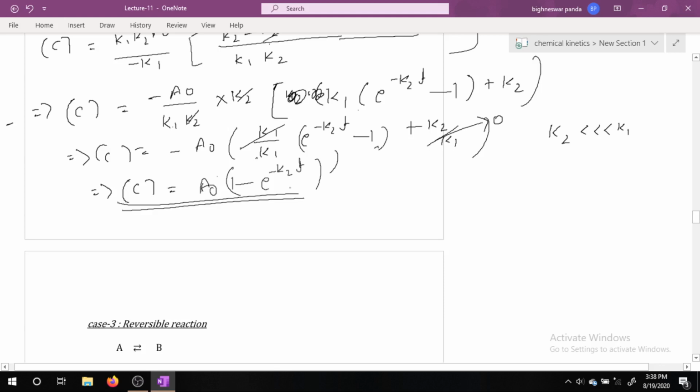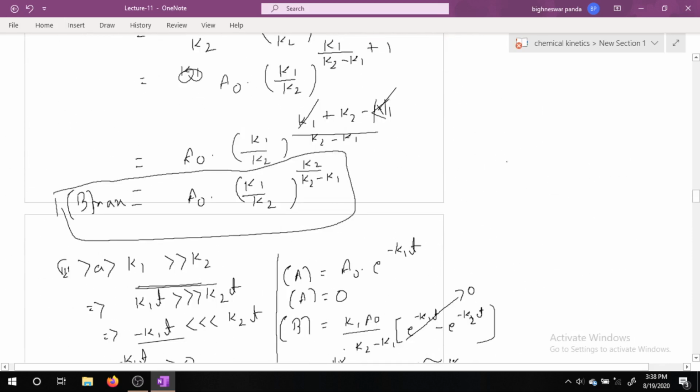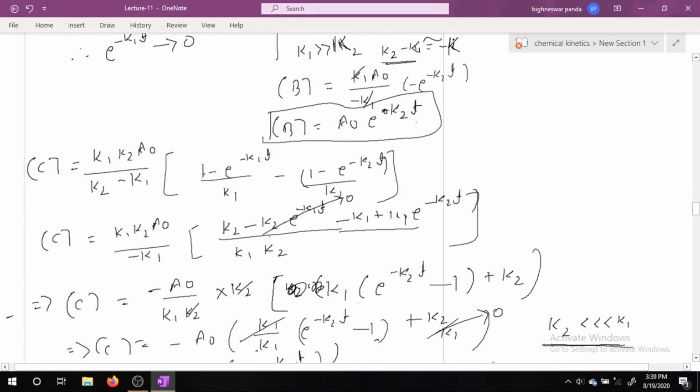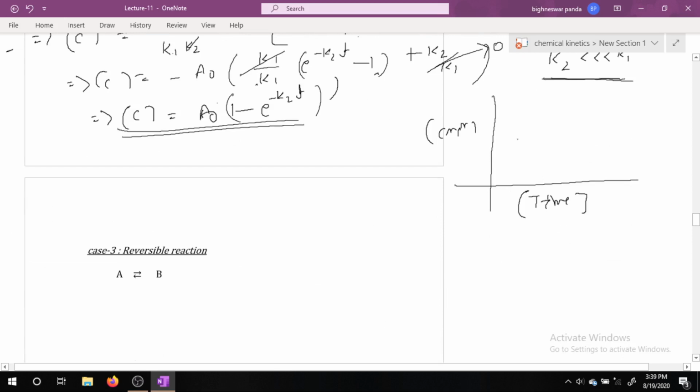If I have to draw the graph for this criteria, I have calculated the concentration of A and B. This is concentration, and this is time. A is the reactant, so it decreases.